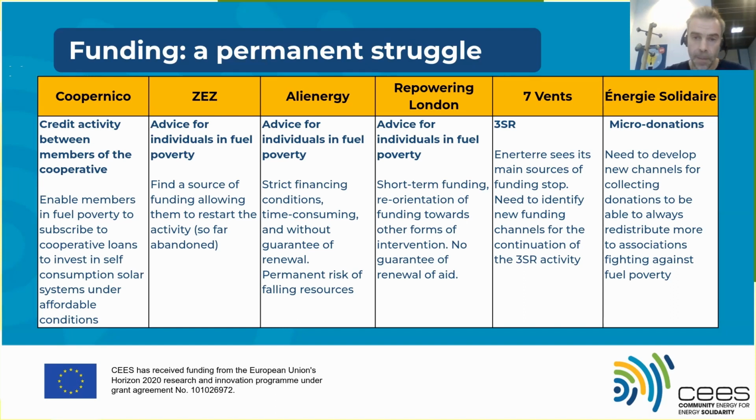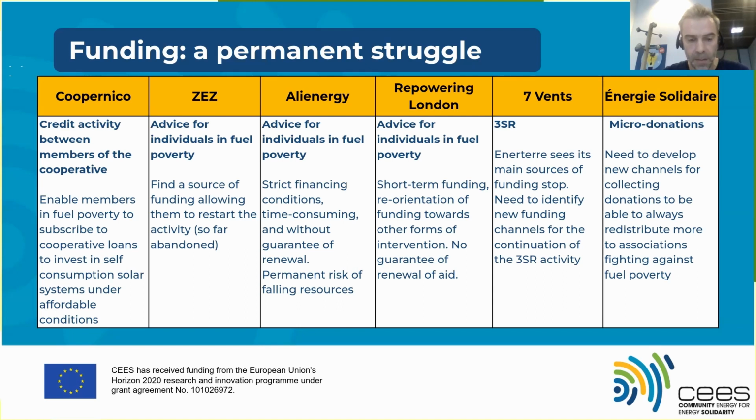Then we have CEES, who, as you've heard this morning, is working on self-rehabilitation, ways of renovating houses with professionals and voluntary workers, as well as the occupants themselves. The energy poverty angle to this activity used to be implemented by another organization called NRTR, which is based in the same area.